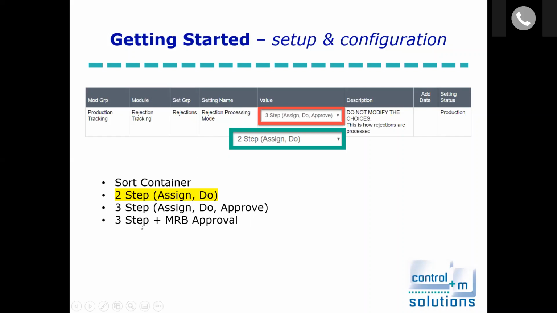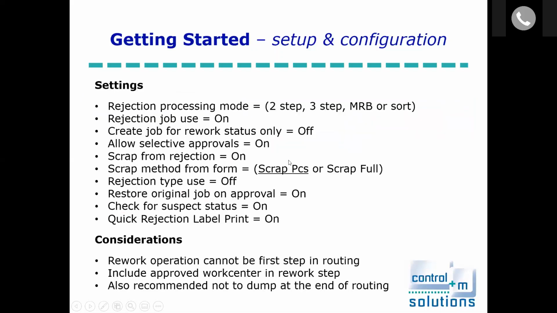You can see that there is the 3-step and even the 3-step plus MRB approval, which I'll call a 4-step process. Today we're going to be talking about the 3-step or the 2-step, the most simple processes. The primary settings, and really the only settings that would be required to use the most simple solution in rejection control, are those that are showing on this screen.